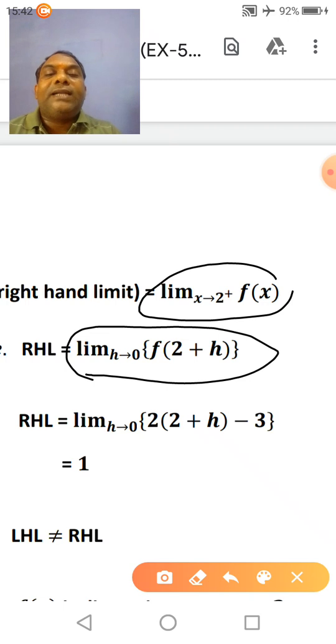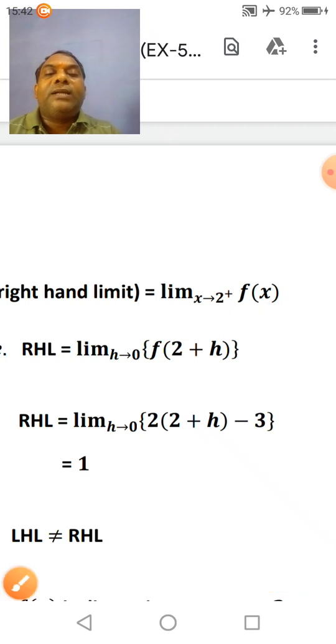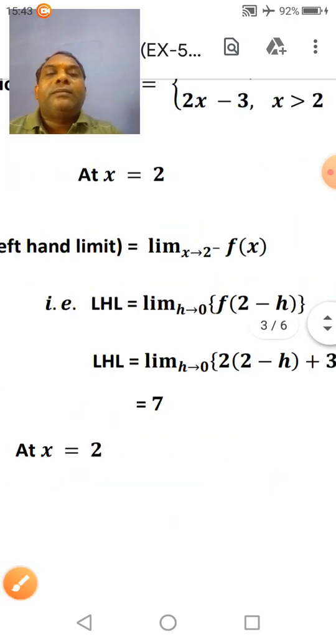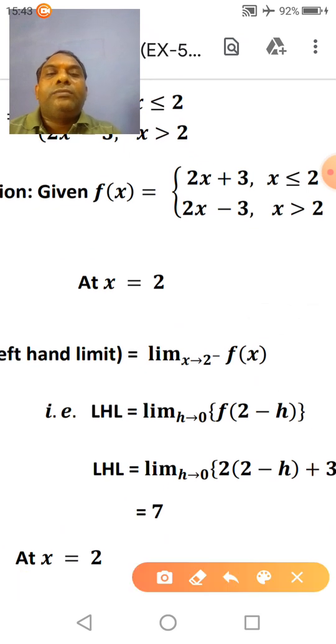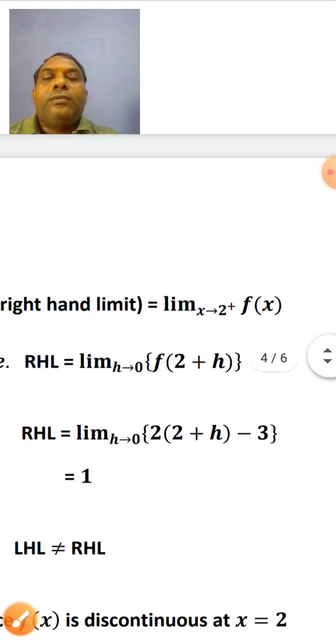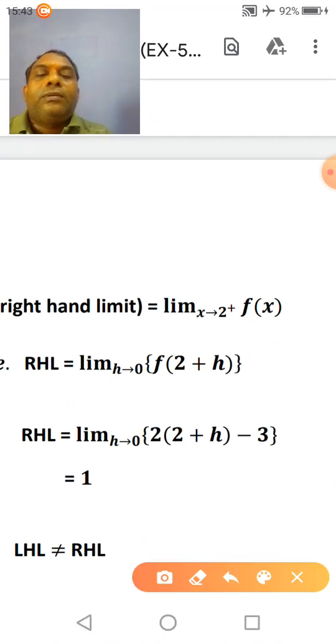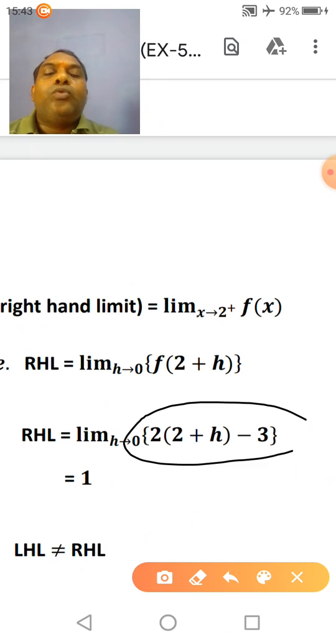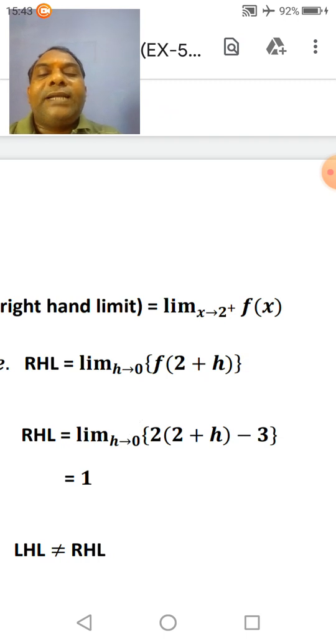There the function is 2x minus 3. So f(2 plus h) will be 2 into (2 plus h) minus 3, because we have to put x is equal to 2 plus h in f(x) is equal to 2x minus 3. This will be equal to 1 on applying the limit. Now we find that LHL is not equal to RHL.